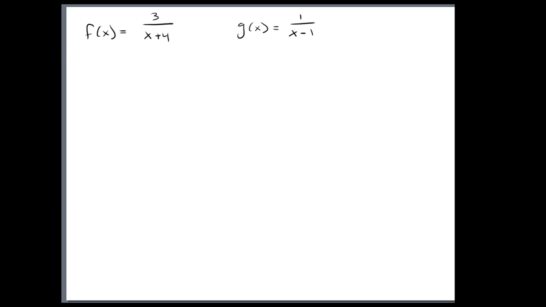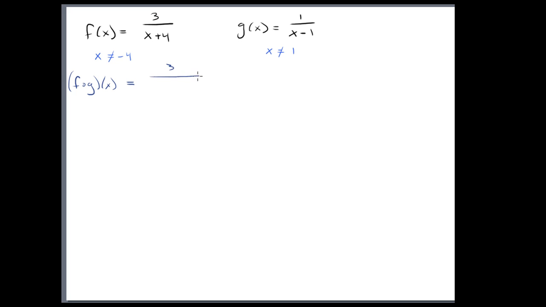Okay, now right away for f of x, let's note that x cannot be negative 4. And for g of x, let's note that x cannot be 1. Right away. And then let's find f composed with g of x.